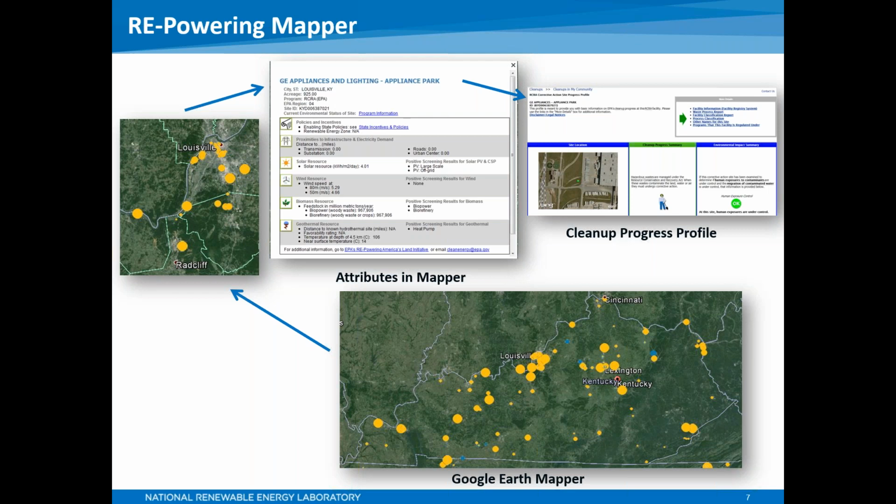And if you want to drill down into the sites and look more at a specific site, maybe you're familiar with the area or something piques your interest about a certain site, you can click on that site and you'll receive information more specific to that site. So about the renewable energy resource availability, including solar, and also some information about the cleanup status and other things of interest on the site.